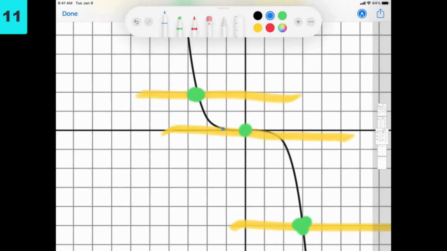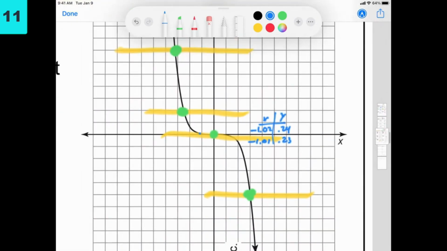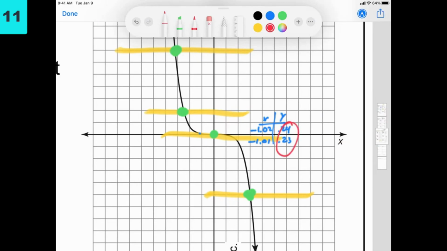I'm already zoomed in all the way, you might have something like negative 1.02, negative 1.01, and what's happening is the number is approaching 0. 0.24, 0.23. But the numbers for the y values will never be the same number as 0. The only time it's going to be 0 is at the ordered pair (0, 0).